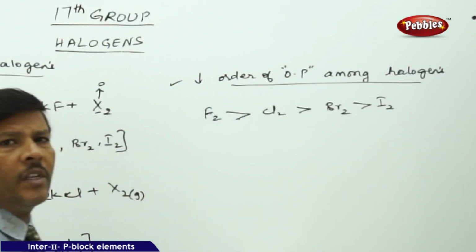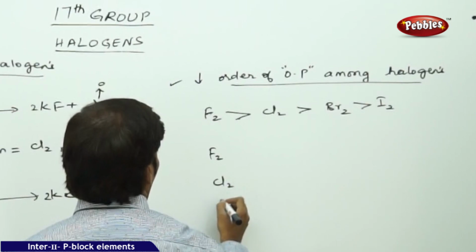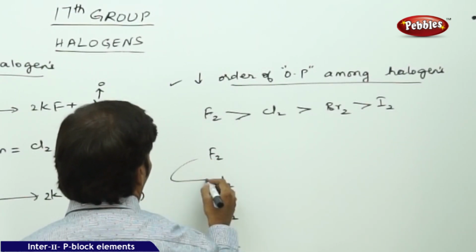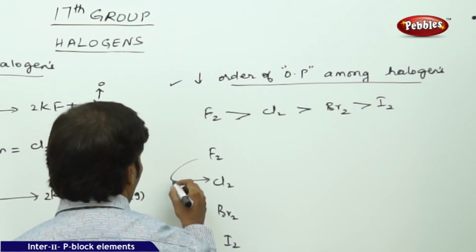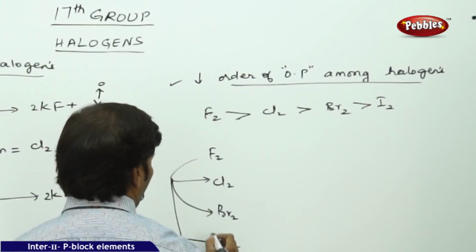That means fluorine can oxidize chlorine, it can oxidize bromine, and it can also oxidize iodine.